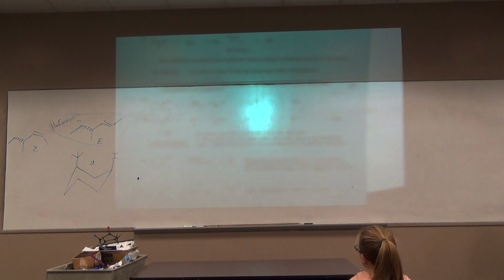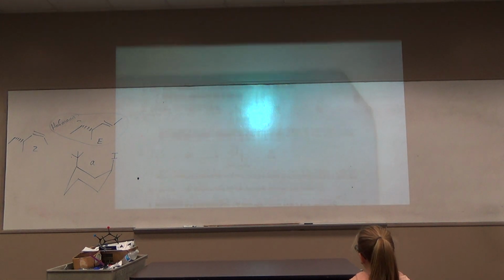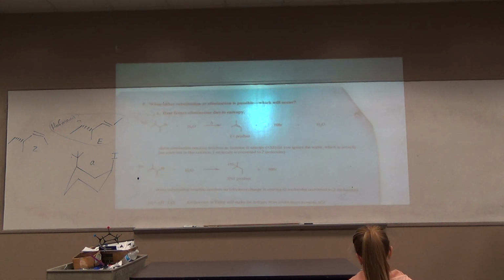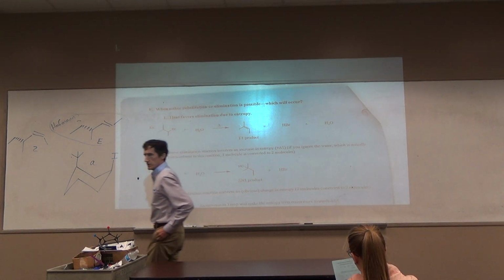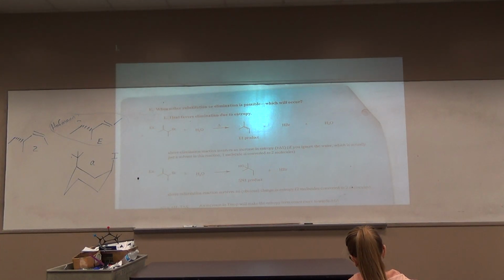Okay, from here out, a number of miscellaneous things in this handout. And again, we're going to merge substitution and elimination because they compete with each other. Double E2 elimination we did in lab.